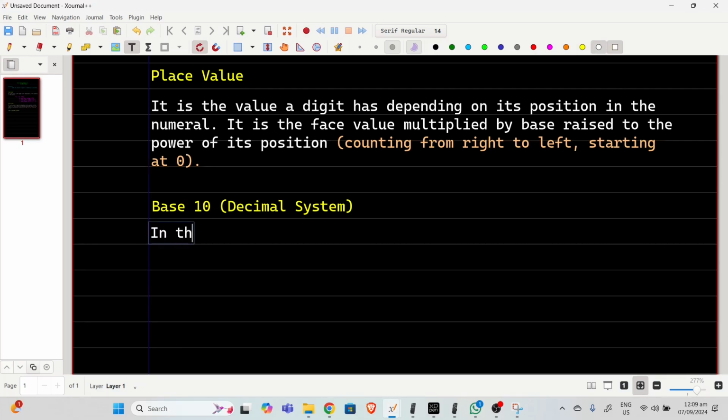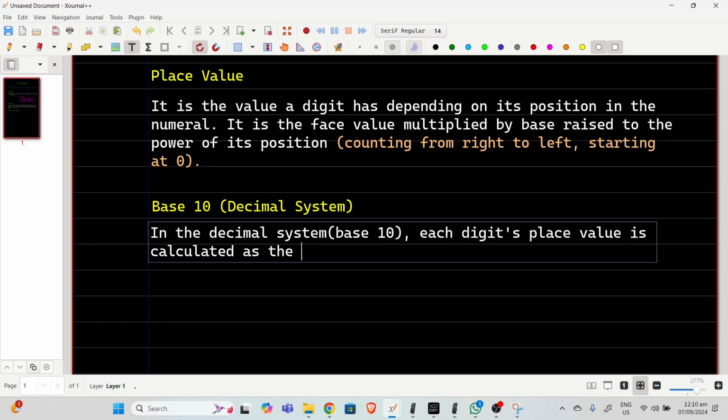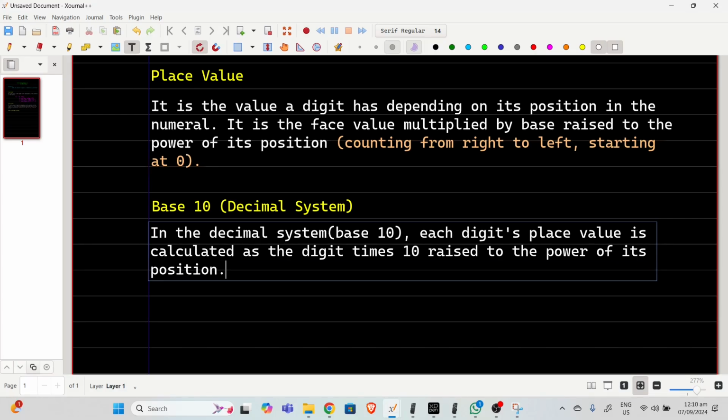So in the decimal system, base 10, each digit's place value is calculated as the digit times 10 raised to the power of its position, right?